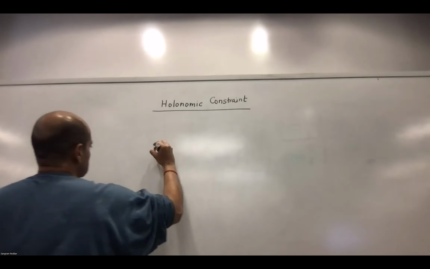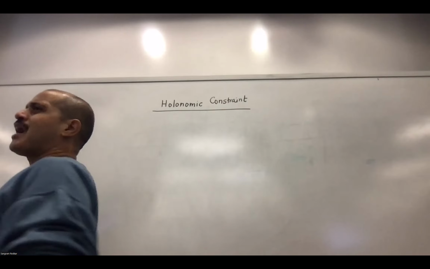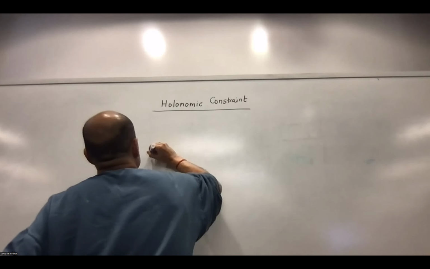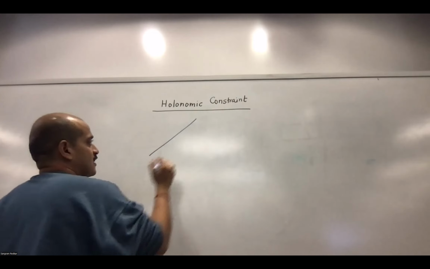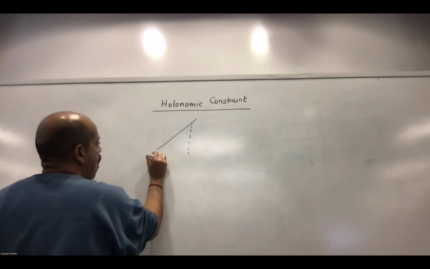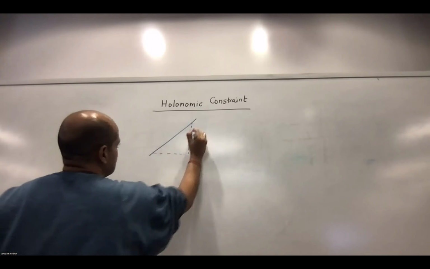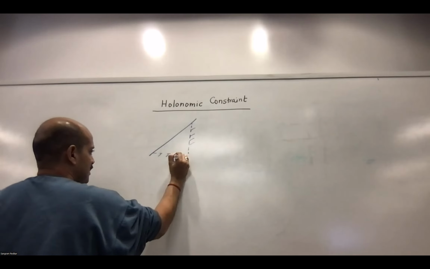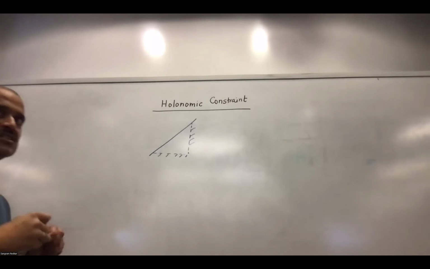First and foremost, have you solved this problem? It's something like this. You have this ladder resting against a wall. This was a very simple problem that I solved when I was an undergraduate student and when I taught statics.